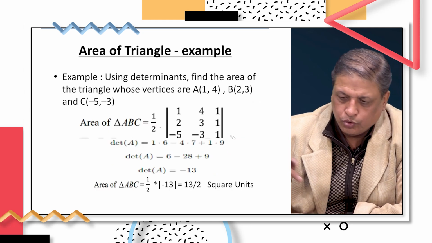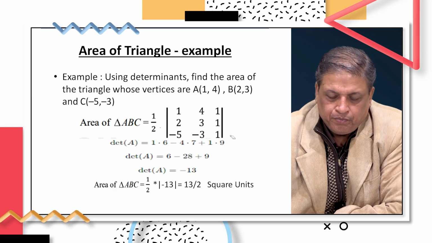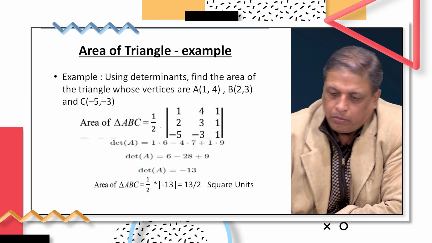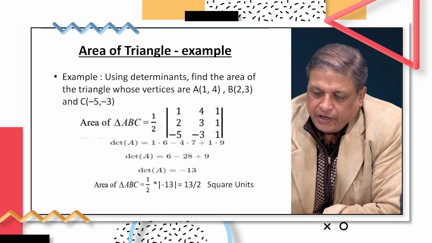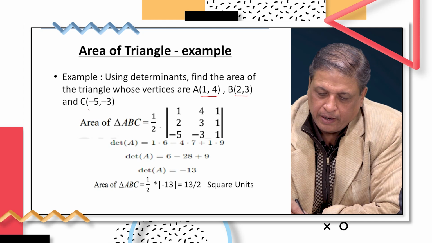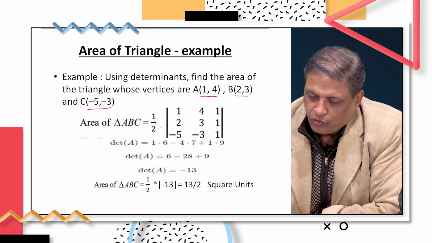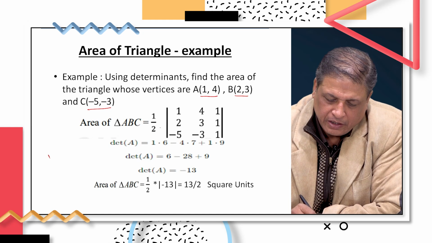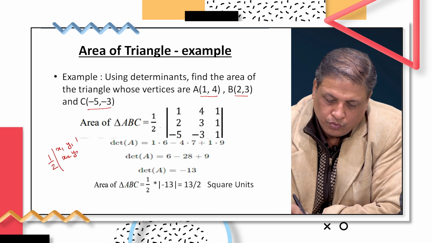Now let's solve an example problem. The problem given to us is: using determinants, find the area of the triangle whose vertices are (1, 4), (2, 3) and (-5, -3). So as already given, the area of the triangle is half of the determinant with rows x1 y1 1, x2 y2 1, x3 y3 1.